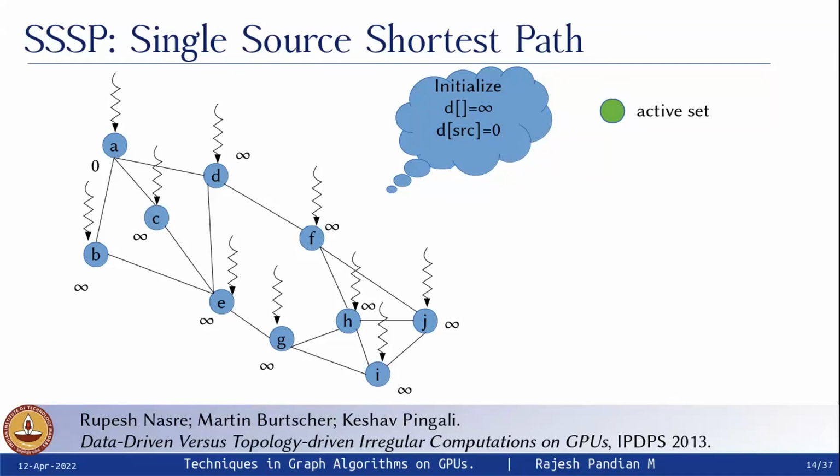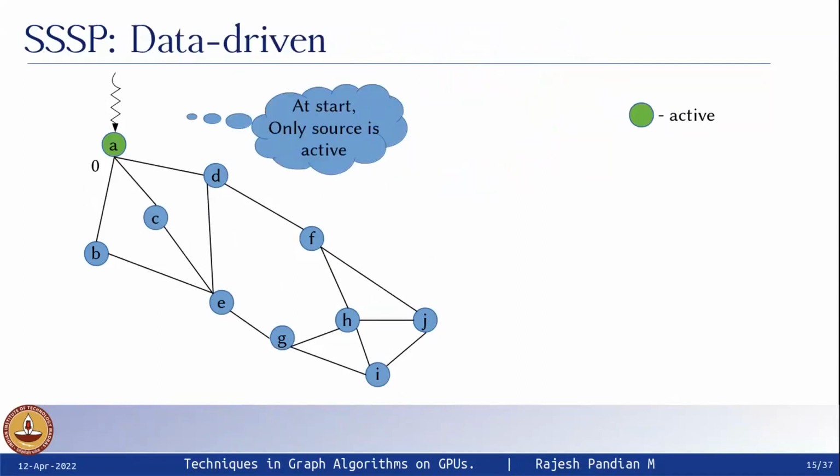So the green vertex will represent an active vertex. At the start, since we have set the distance of the source, which is A here, to 0, we also mark the start node as active. The approach we are going to take now is called data driven.